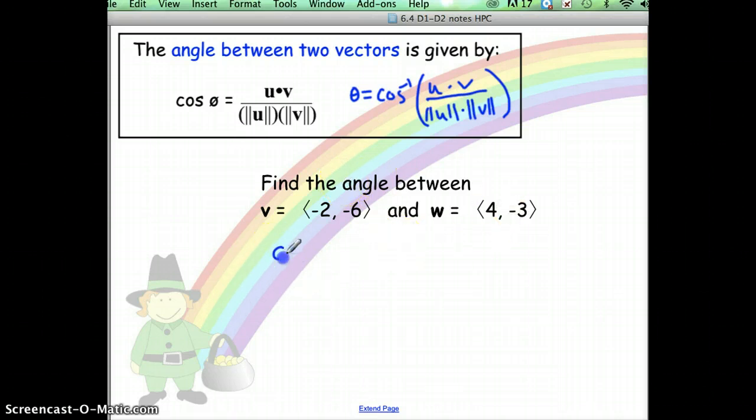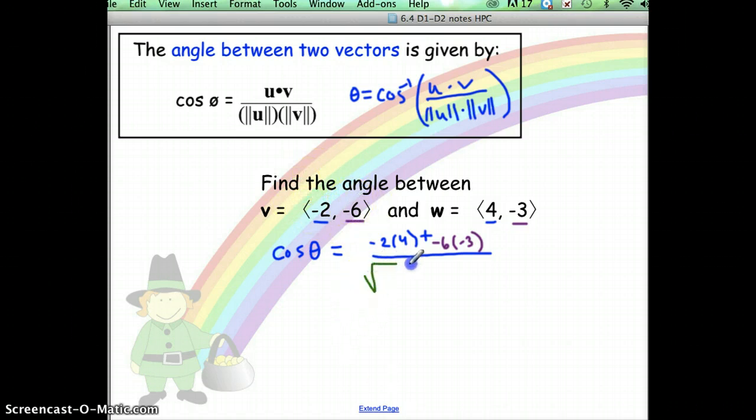Okay, so let's set this formula up. The dot product goes on top. So I'm going to multiply -2 times 4, and I'm going to multiply -6 times -3, and we're going to add those up. That goes on the top. On the bottom, we're going to do the magnitude of v.